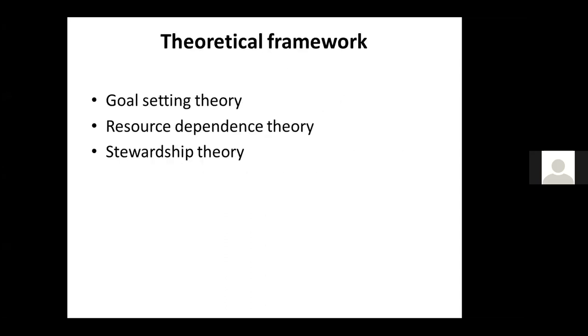For the theoretical frame, in regard to my study, I'm looking at goal setting theory, resource dependent theory, and stewardship theory. Goal setting theory was established by Locke and Latham between 2019, 2013, 2006, 2002, and 1990.